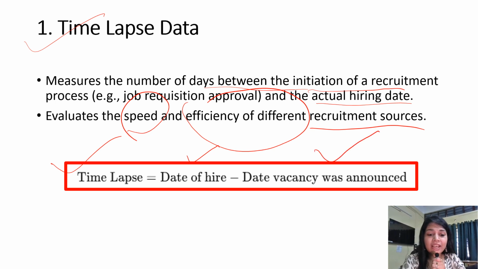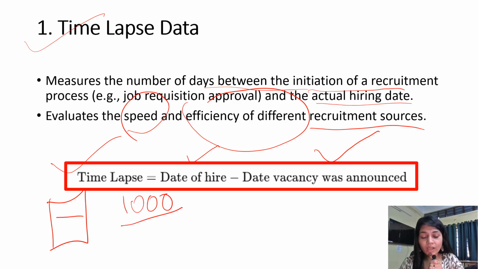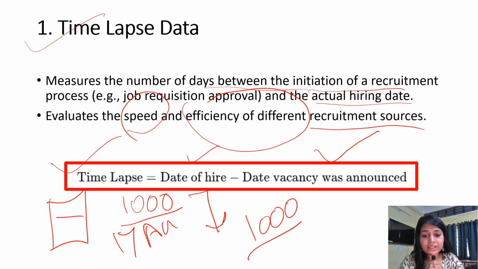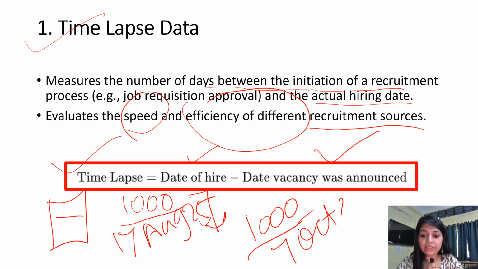So let's say any organization announced vacancies for 1000 employees, and finally they are hiring 1000 people. Both dates would be different. The date on which it was announced, let's take 17th August 2025, and the date the 1000 people were hired was, let's say, 7th October 2025.